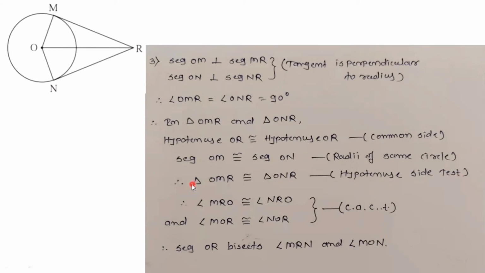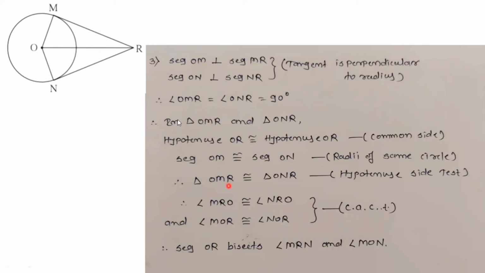And we know that if two triangles are congruent, their corresponding angles are congruent. That's why if we take angle MRO, its corresponding angle is NRO. So angle MRO is congruent to angle NRO, and angle MOR is congruent to angle NOR, because of corresponding angles of congruent triangles.